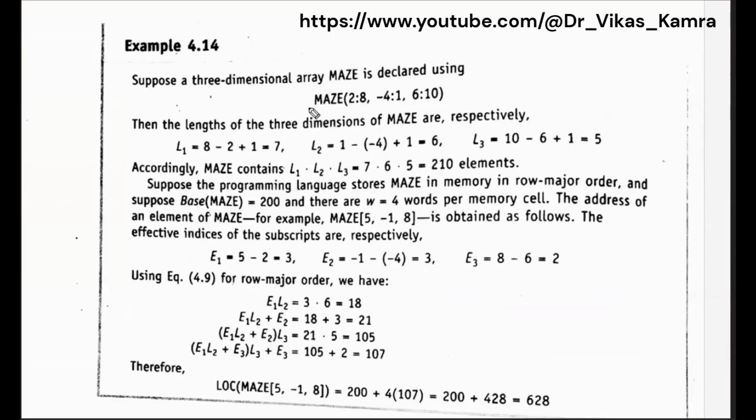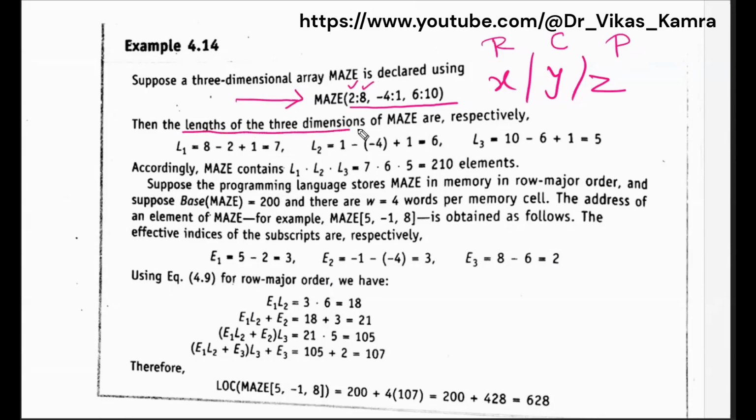You are given a three-dimensional array. The name of the array is maze. Here you are given the dimensions of all three, say x, y, and z, or you can say rows, columns, and pages. The starting index and ending index is given, but the length of each dimension is not given.